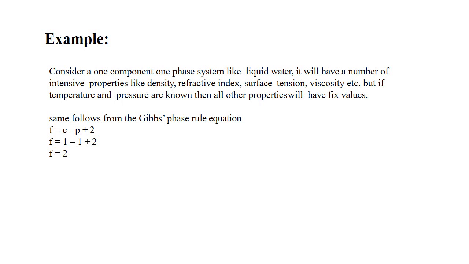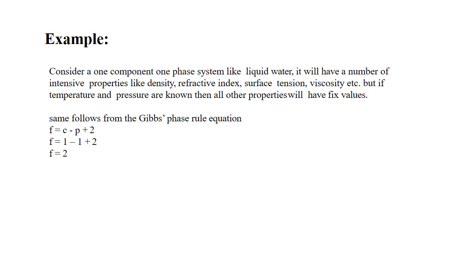So the value of C is also one. It will have a number of intensive properties like density, refractive index, surface tension, viscosity. But if temperature and pressure are known, then all other properties will have fixed values.